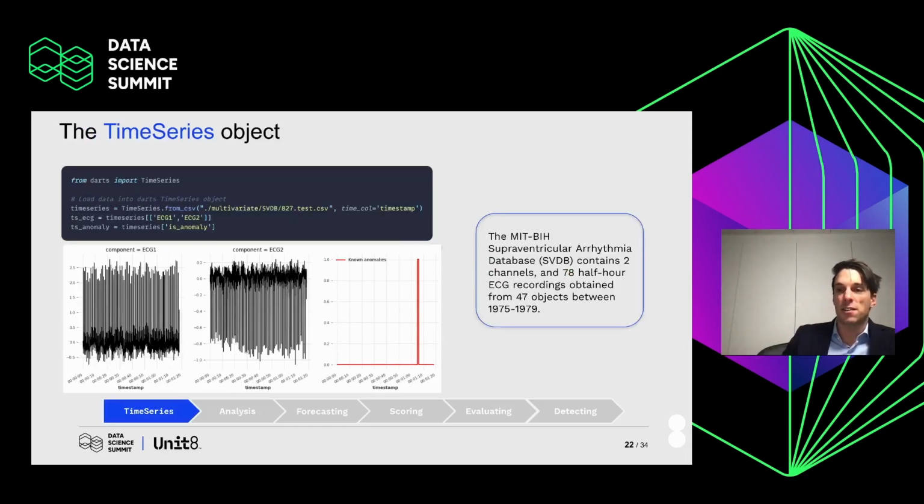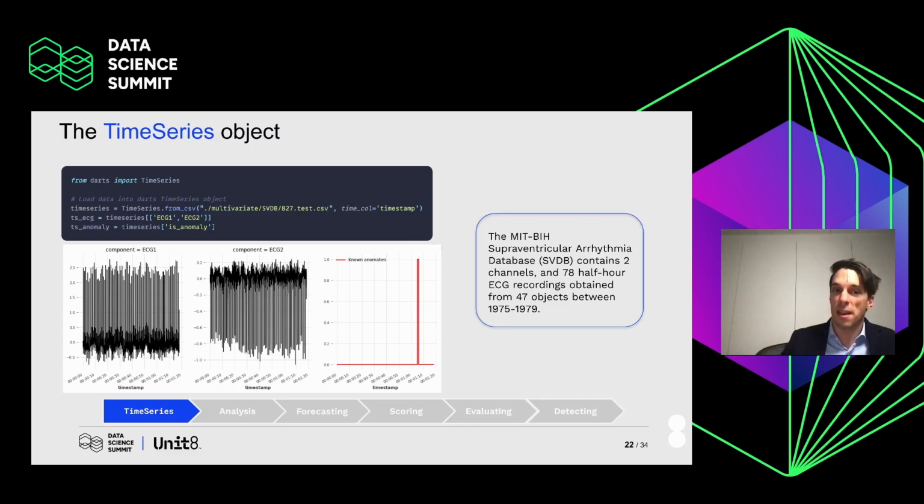As part of this exercise, we're going to use an openly available and already curated dataset. It is created in a CSV format containing the time series information, the 1st channel of the ECG, the 2nd channel of the ECG, and even the known anomalies.